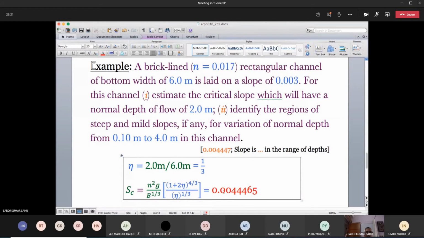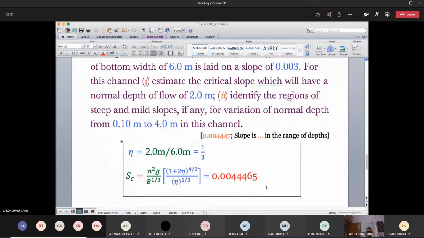And if this is the slope, also compute what will be your S star C. So your S star C is computed as, that is the limit slope.